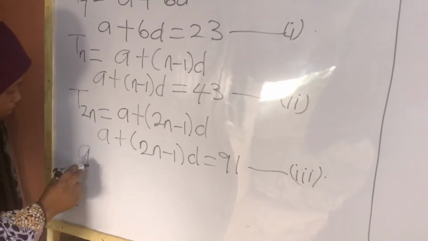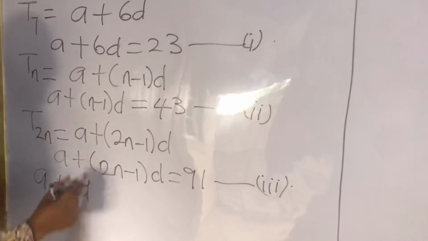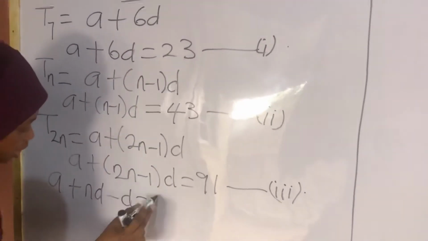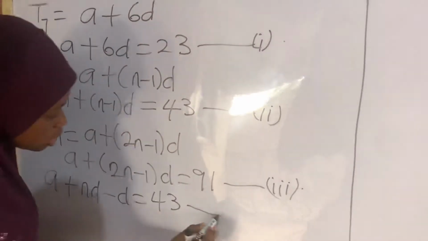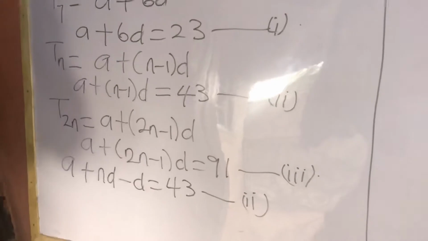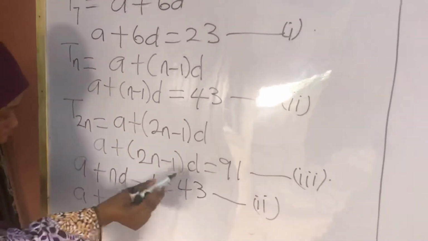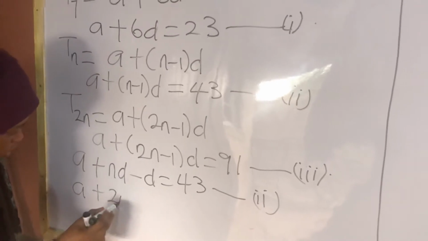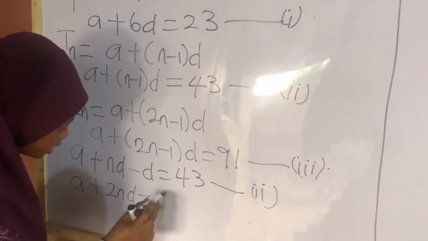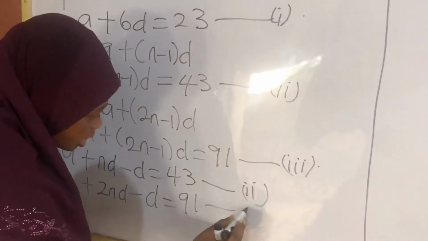A plus ND, negative 1 multiplied by D, negative D is equal to 43. It is still equation 2. And expand equation 3: A plus 2ND, negative D is equal to 91. It is still equation 3.